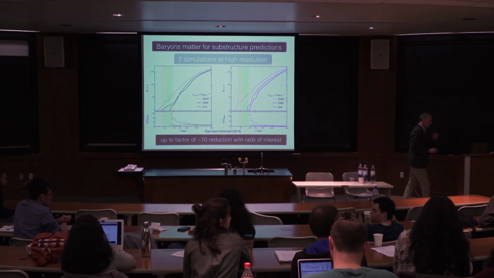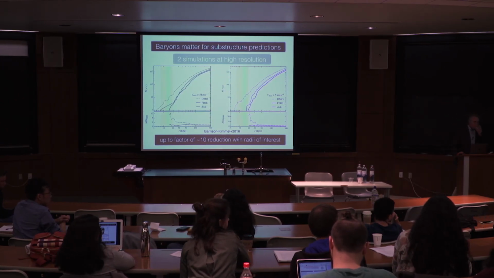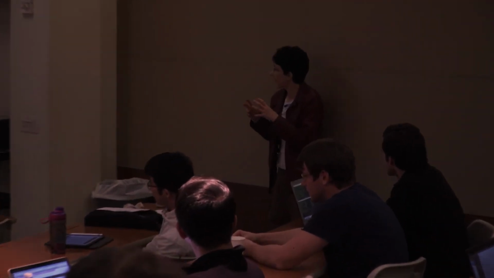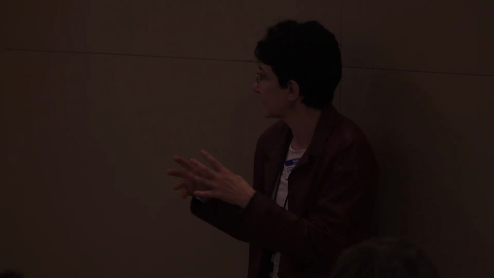Maybe I can add, in our galaxy, the baryons are the gravitationally dominant component within a radius of less than 8 kiloparsecs or something.